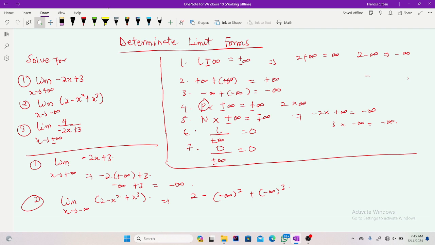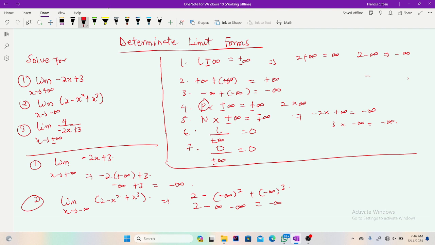Remember that infinity is infinite, so squaring it still gives infinity. So this is 2 minus infinity. The cubed term gives negative infinity. So 2 minus infinity minus infinity obviously gives us negative infinity.